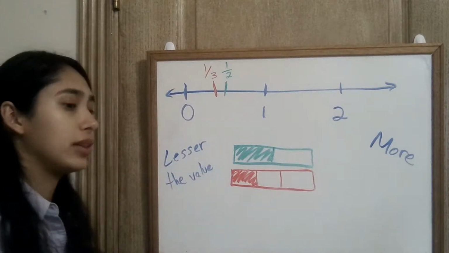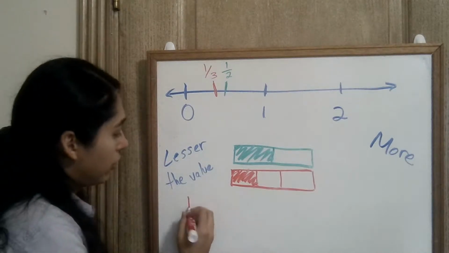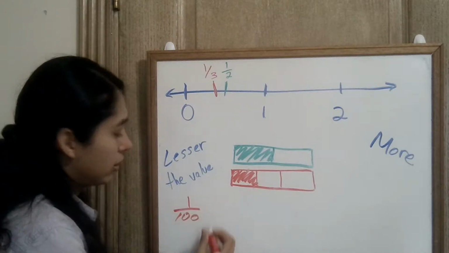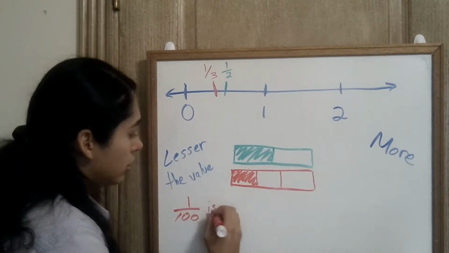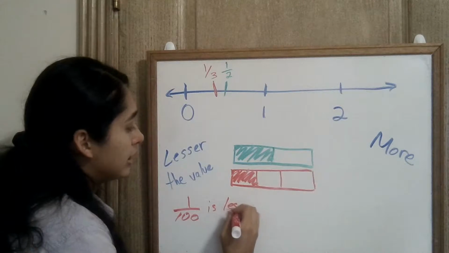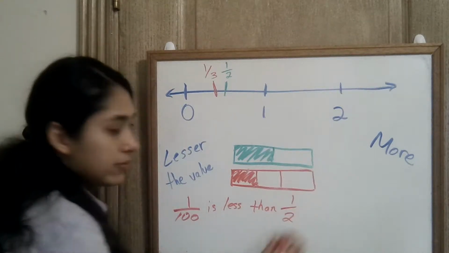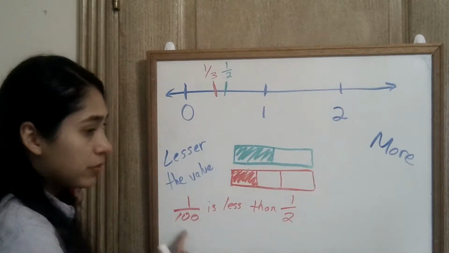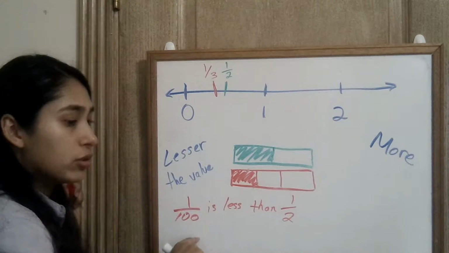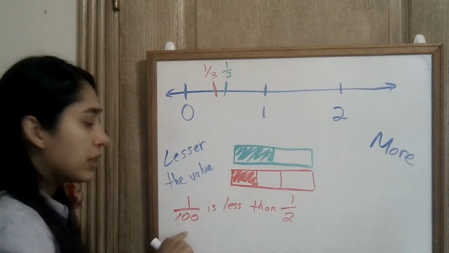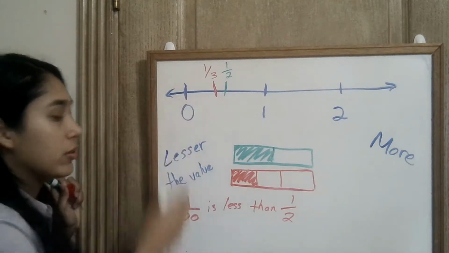But if I have 1/100, this number is going to be smaller than 1/2. We know 100 is a bigger number, but since we're dividing by 100, our denominator is 100, it's going to be a smaller number. It's going to be very close to 0.